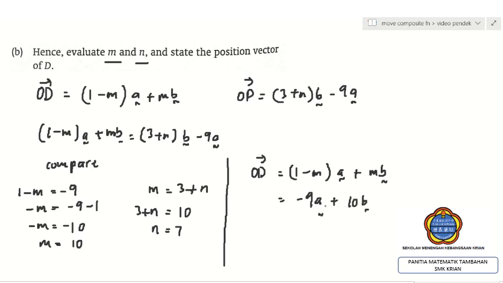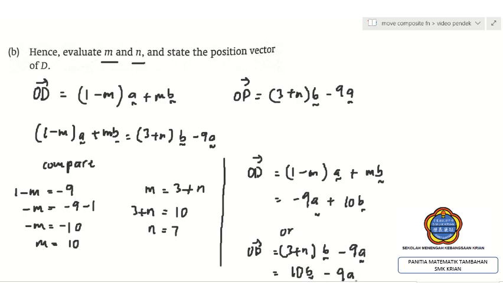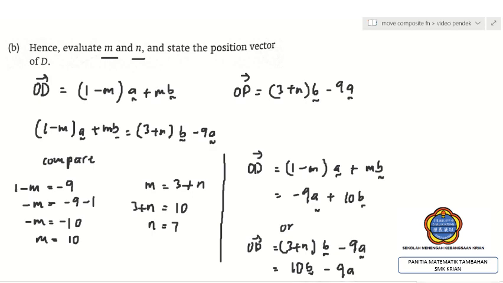Or if a student uses OD as (3 plus n)b minus 9a, it is equal to 3 plus 7, also 10b minus 9a. The answer is the same, 10b minus 9a and negative 9a plus 10b are both the same answer. So we finish this question.